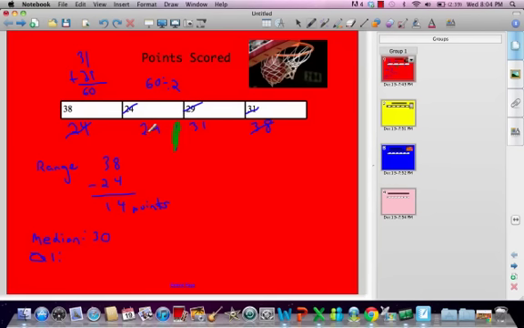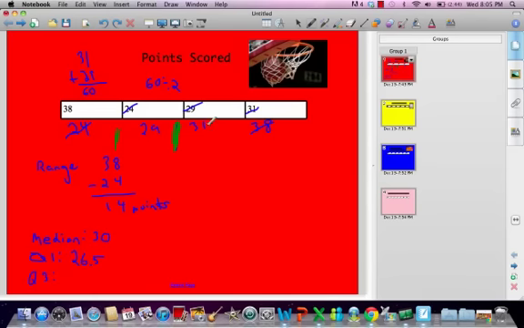And the quartile 1 would be the median now of these two numbers, 24 and 29. So that would be right in the middle of 29 and 24. And again, you would add those two numbers up. They would equal 53. If you divide 53 by 2, you realize it's an odd number, so it won't go in evenly, but you should get 26 and a half. So quartile 1 would be 26 and a half.